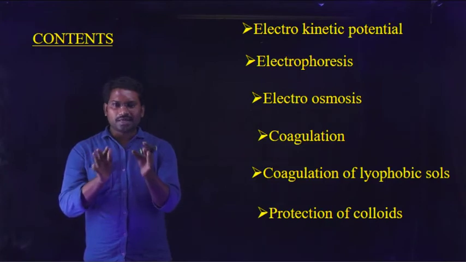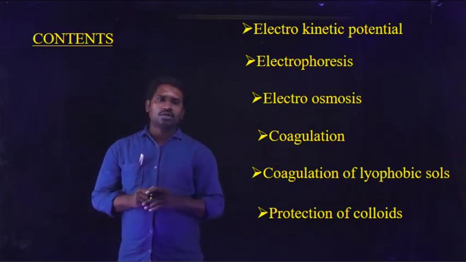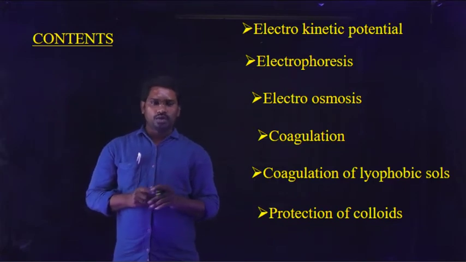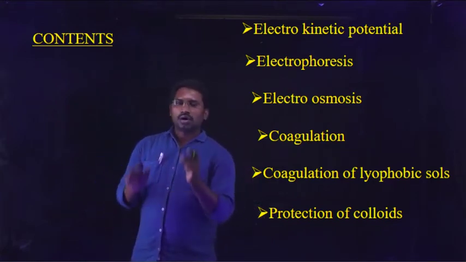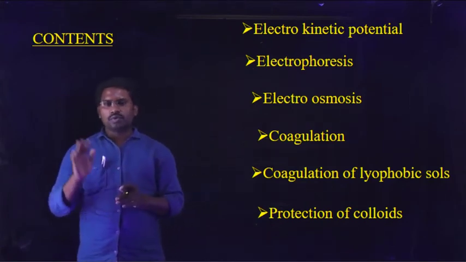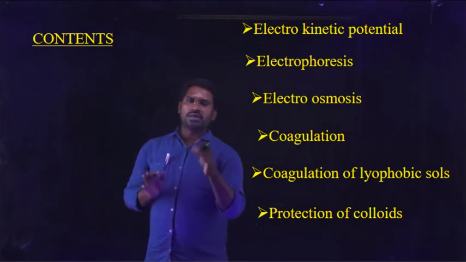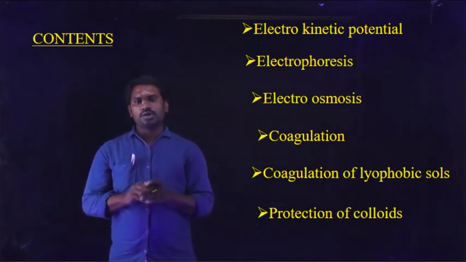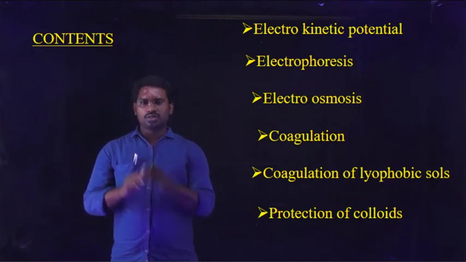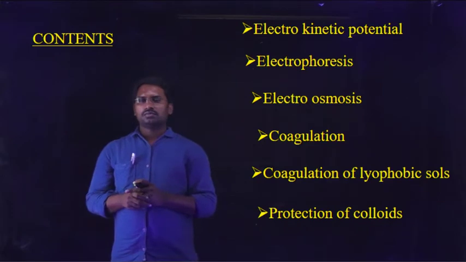Therefore, there are some techniques which are helpful for the coagulation of lyophobic sols. And finally, protection of colloids. How can we protect colloids from coagulation when the given colloidal solution is added with another electrolyte? So these are all the main contents presented in this video.